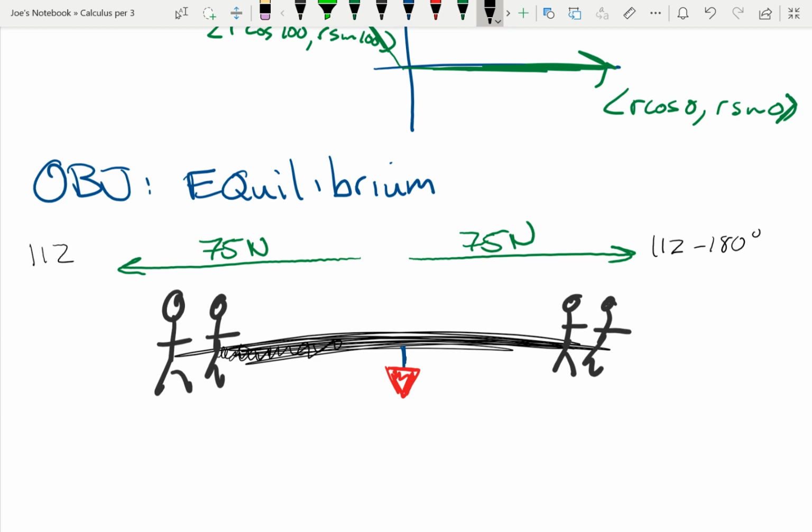That would be negative 68, but we don't go anything outside 0 to 180. If you did that on a test, I'm not going to grade it wrong, but we'll treat it like that. So equal and opposite: equal force, opposite direction. That's all there is, and that's equilibrium, meaning it's not moving.